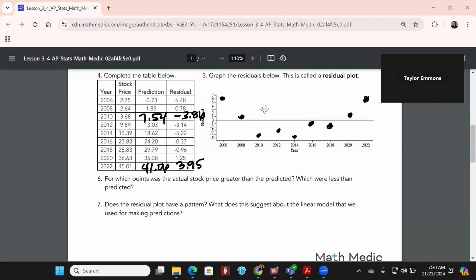If it is above the line at 0, then that means that the actual is greater than the predicted. If it's negative, then that means that the actual is less than predicted.